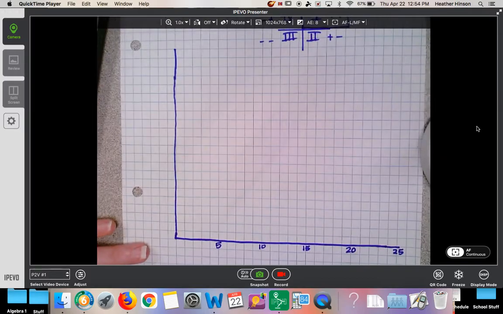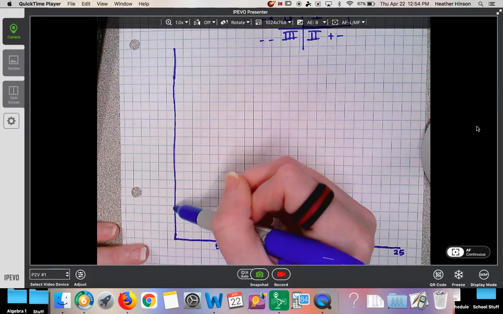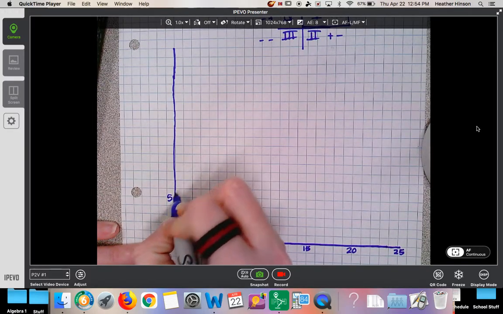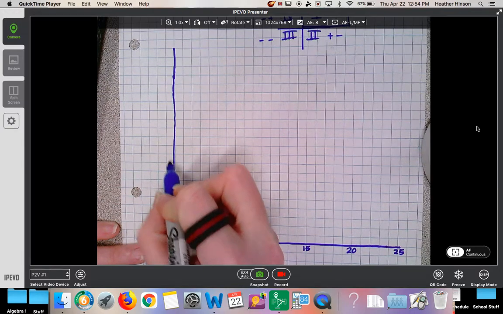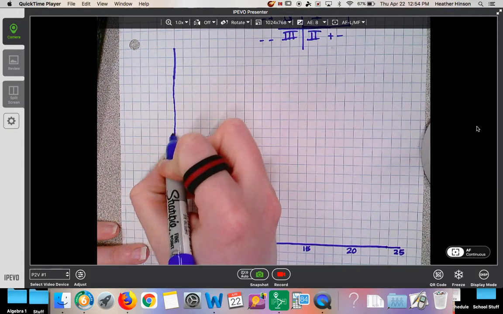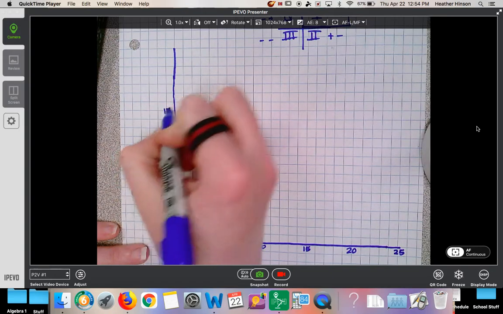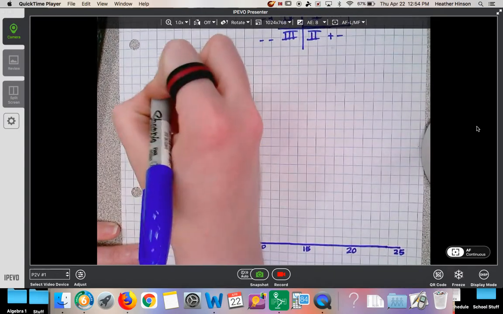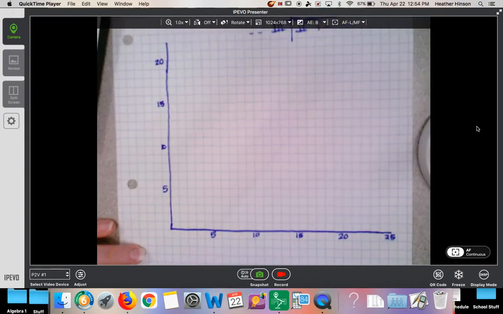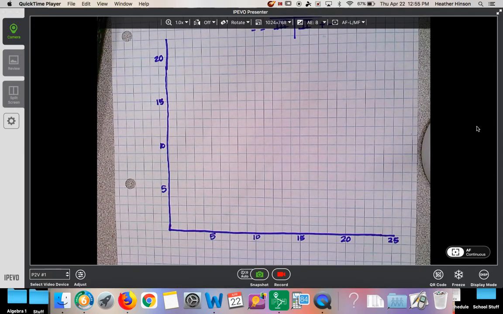Then we'll do the same for our y-axis, 1 through 20. You don't have to do every single line. You can count by 5s, you can count by 10s, whatever you would like to count by on your picture. And then you're just going to draw your picture.